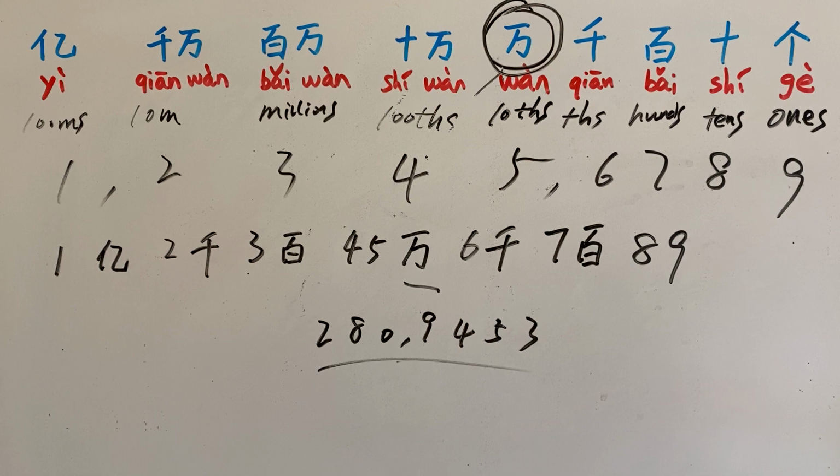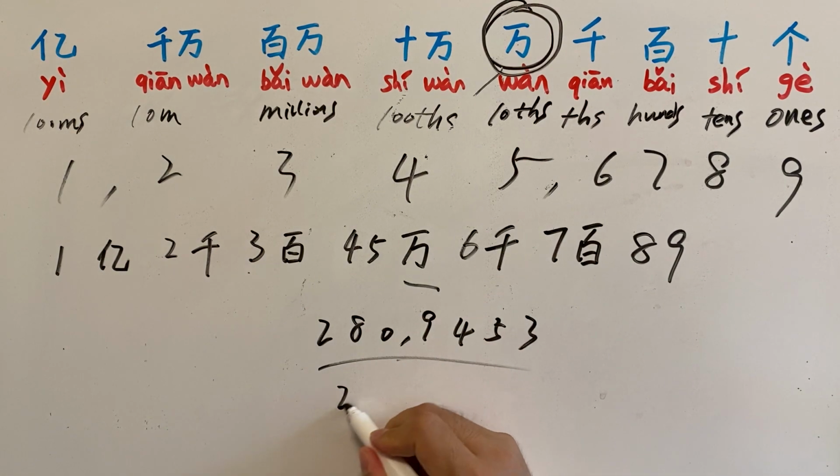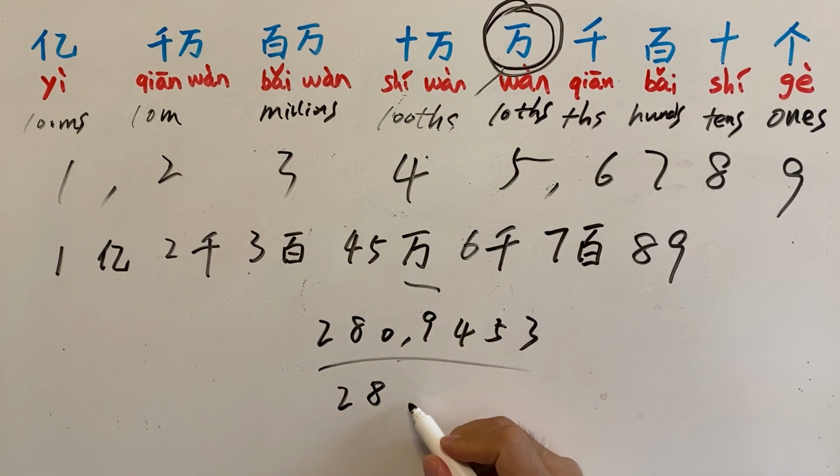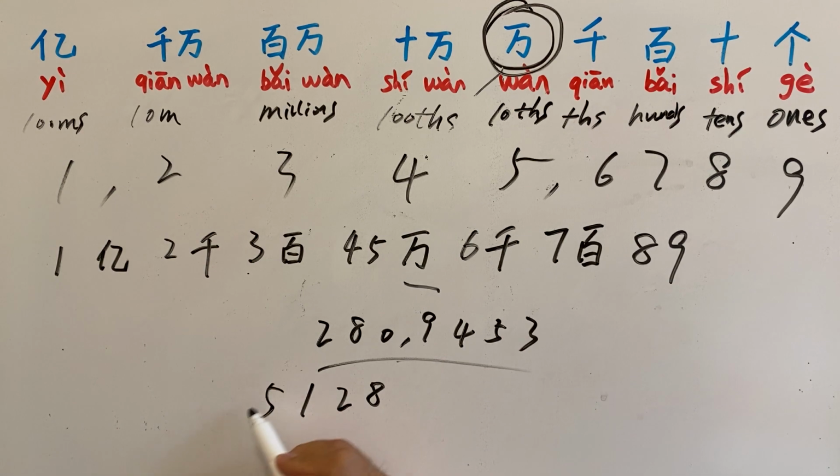万. For another example, this one, 4, 1, 2, 3, 4, comma. 2 is 二 or 两. 两 means 2 right here.